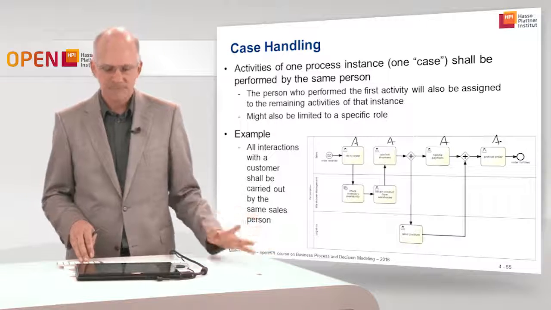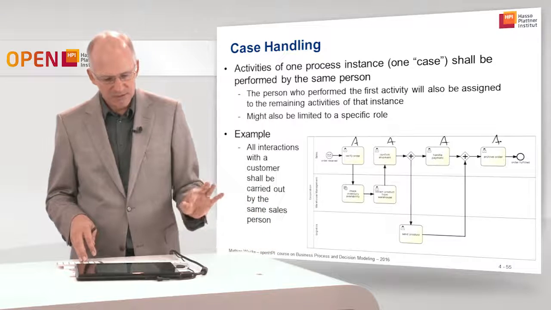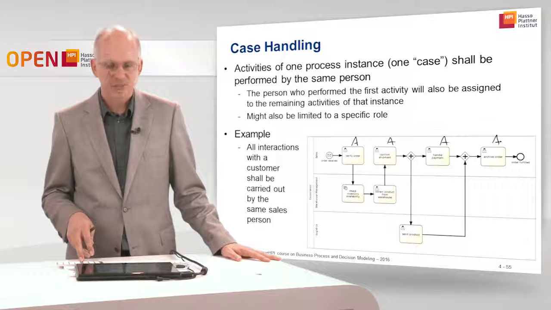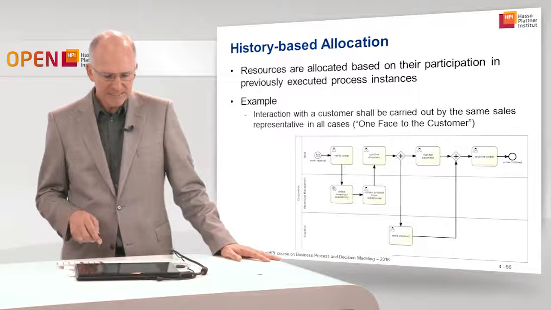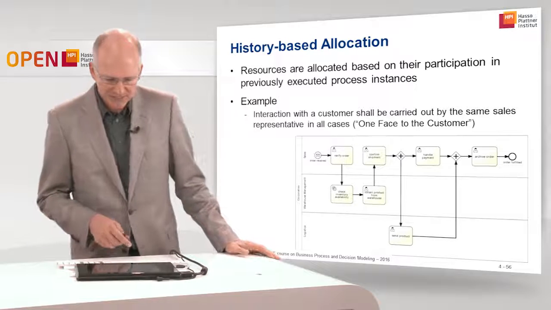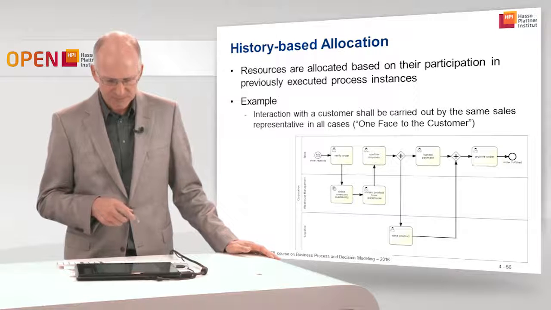And that's, of course, done in many organizations on a daily basis, but that's a slightly different thing as we've seen before in the context of role-based resource allocation. The next step is history-based allocation. So the resources are allocated based on their participation in previously executed process instances.